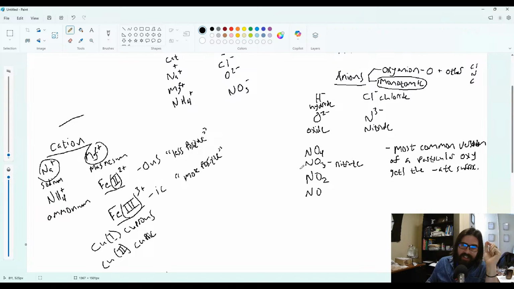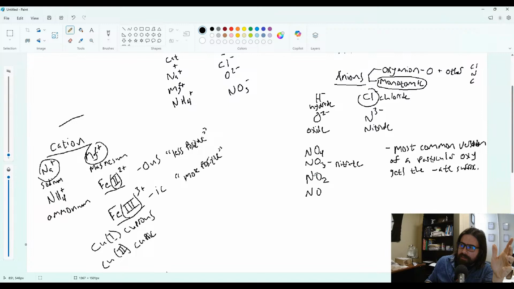Okay. That does not mean that having 3 oxygens is the most common combination with chlorine or with carbon or whatever. Each individual type of oxyanion has its own most common form. And that most common form has the "ate" suffix.